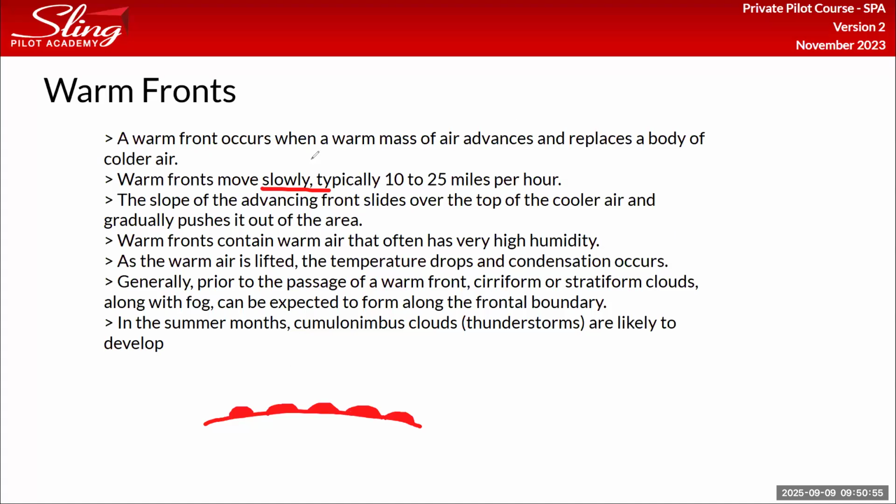So a warm air mass advances over a body of colder air slowly, like a blanket covering the cold air. A warm front comes in and covers on top of cold air. That's how a warm front moves, okay? It slides over top of the cooler air and pushes it out of the area. So a blanket that moves slowly over cold air and pushes it out of the area.